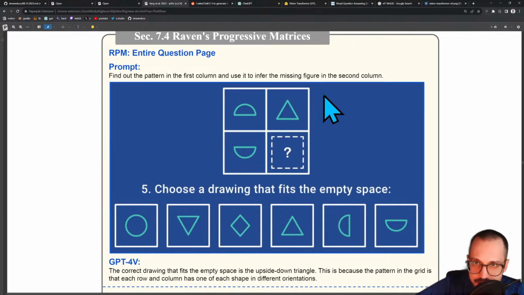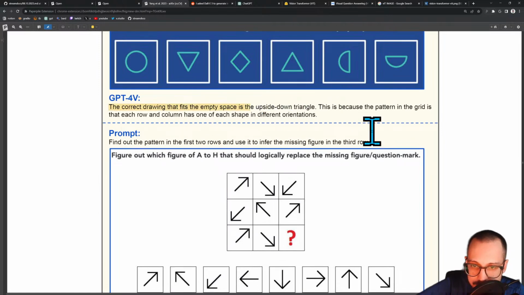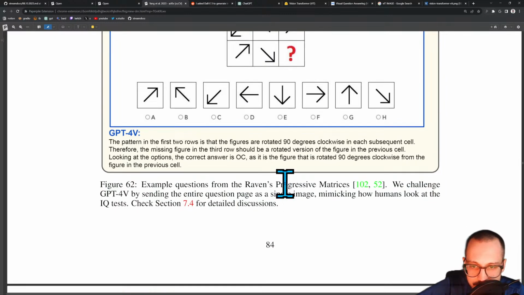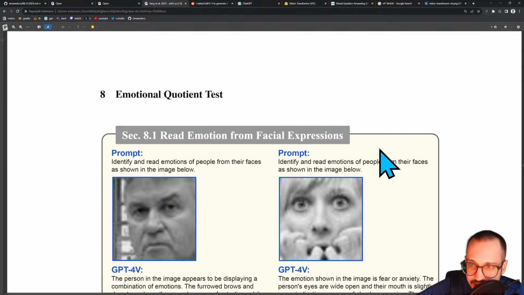Find out the pattern in the first column and use it to infer the missing figure. Should be this one. Upside down triangle. Figure out which figure of A to H should logically replace the missing figure in the question mark. I can't even do this one. This is the same one we keep seeing.